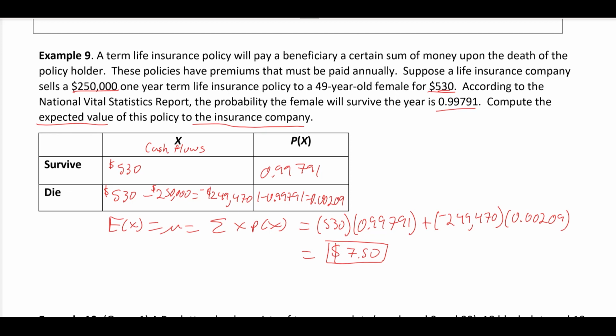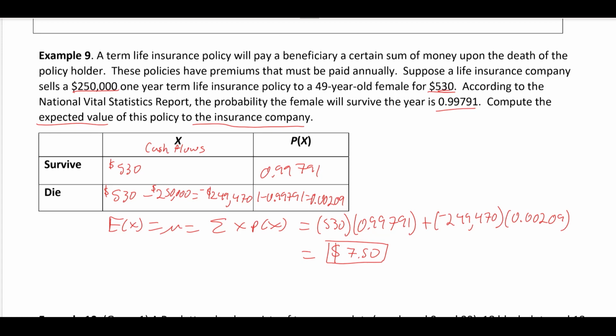Because most of the time, they're collecting those $530, 99.7% of the time, but only about 0.2% of the time they're actually paying out.